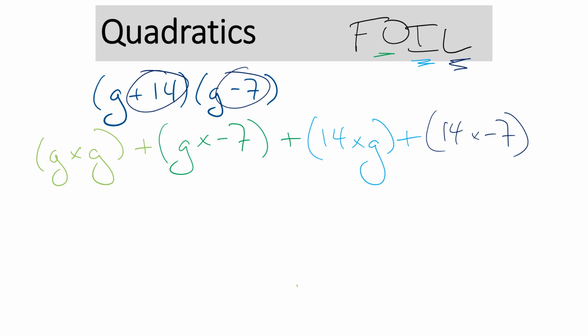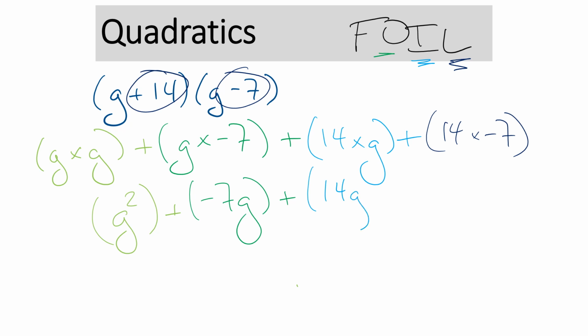Now we can do what's inside the brackets. G times G is G squared. Really simple. G times negative 7 equals negative 7G. Really, really simple. 14 times G, 14G.